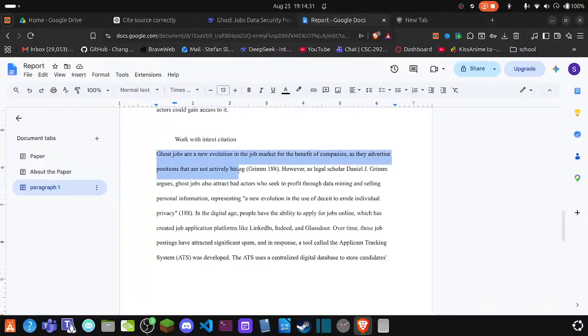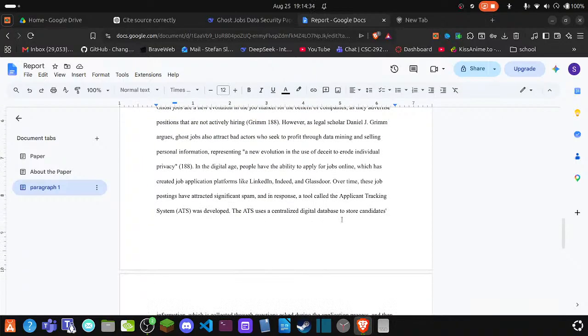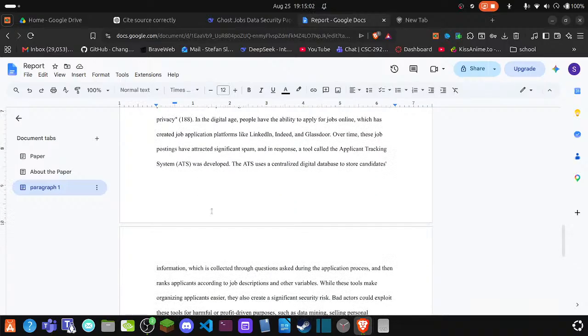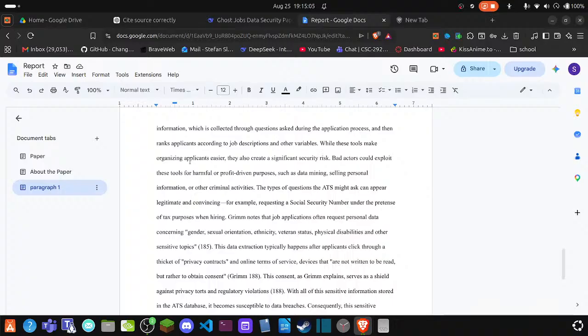Okay, however, as a legal scholar, Grimm argues job applications also attract bad actors who seek to profit through data mining and selling personal information. Over time, these giant profiles, called ATS, blah blah blah. While these are bad actors, yeah, that's my part.